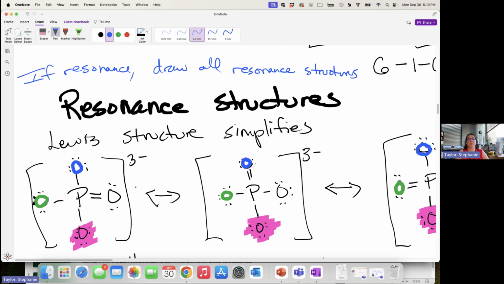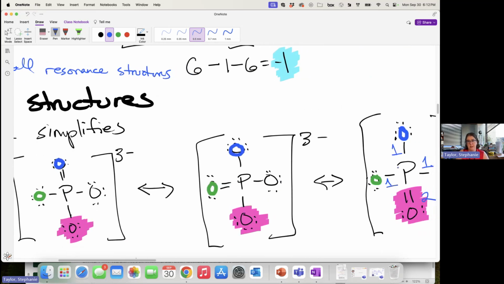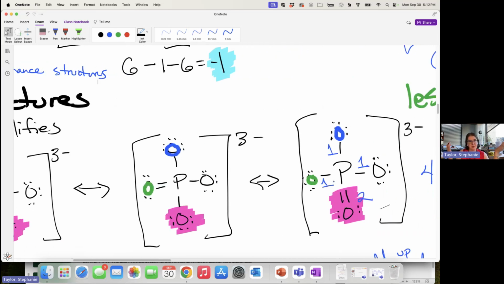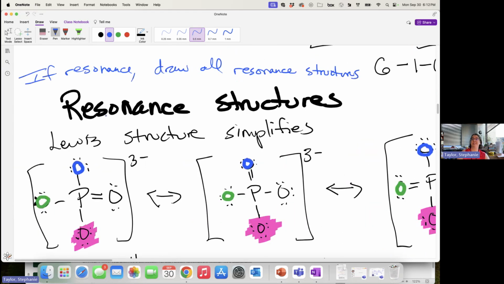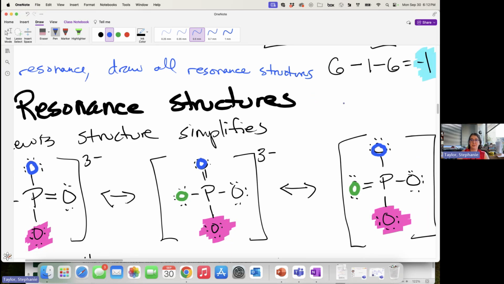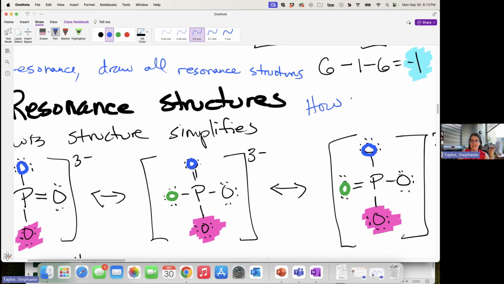In which case there's 1, 2, 3, 4 of them, and you have to draw all 4. Sometimes the question just asks you how many there are, in which case it is the number 4.